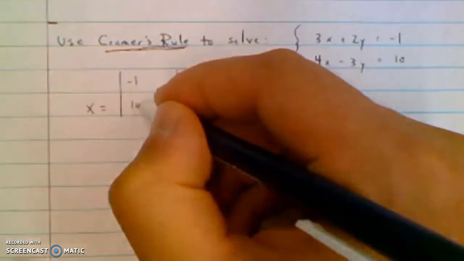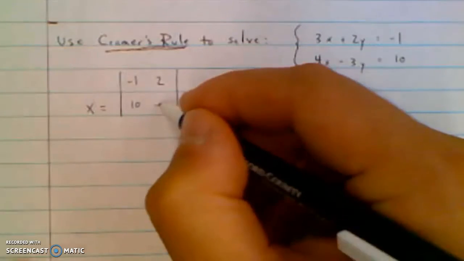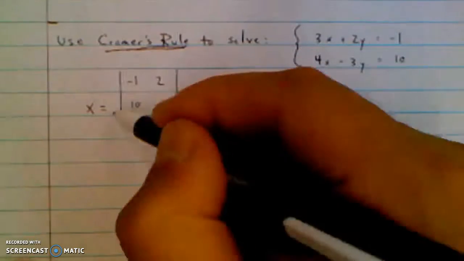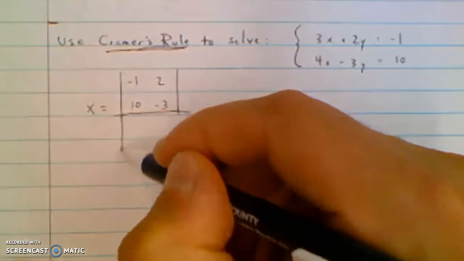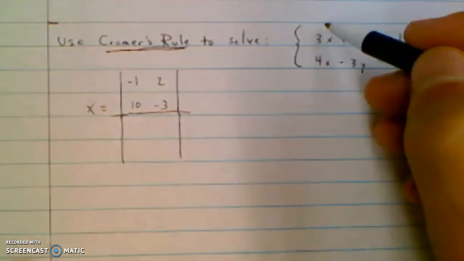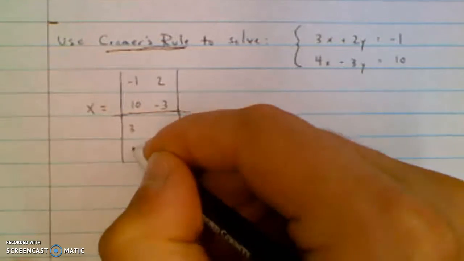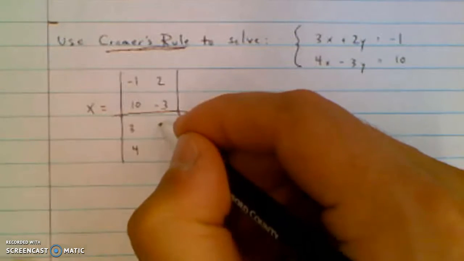Negative 1, 10, keep the y column. 2, negative 3. Denominator, 3, 4, 2, negative 3.